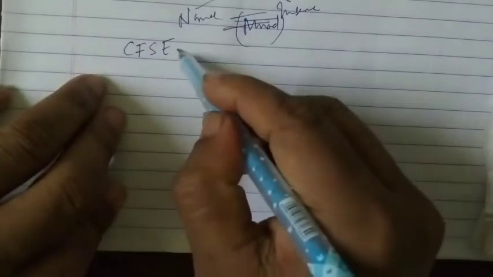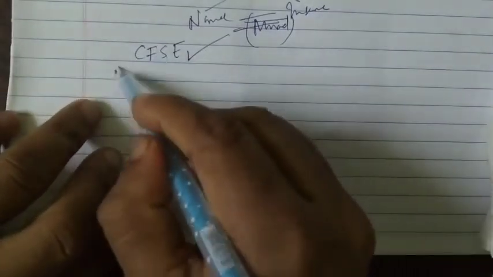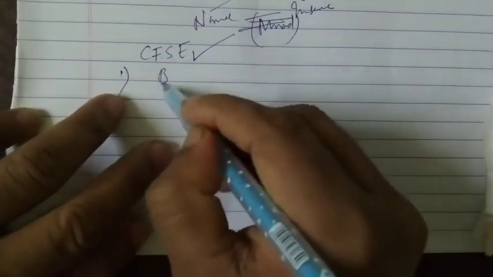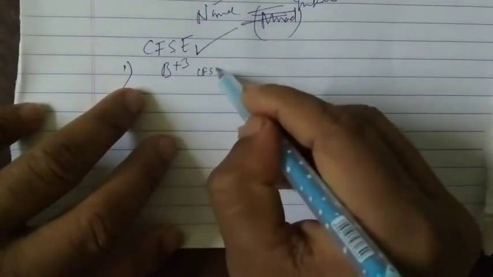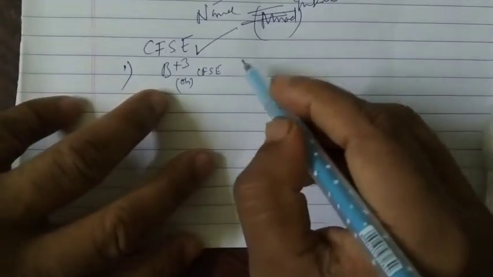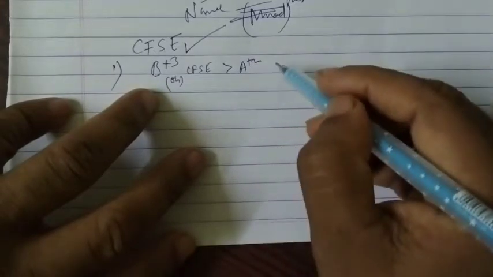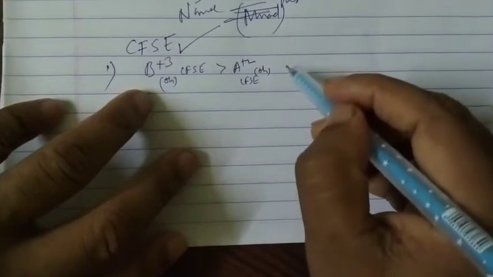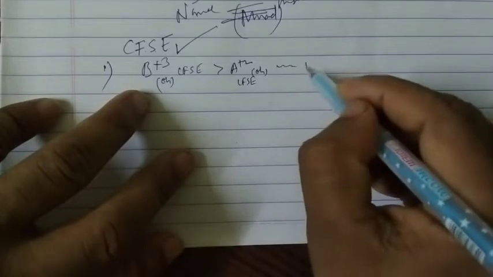So we can identify this by the crystal field stabilization energy. For example, if the CFSE of the trivalent ion B+3 in the octahedral field is greater than the CFSE of the divalent ion A+2 in the octahedral field, then such a crystal we call a normal crystal.